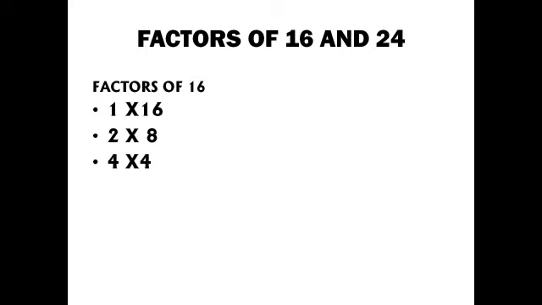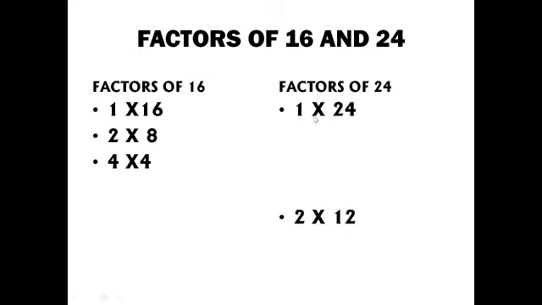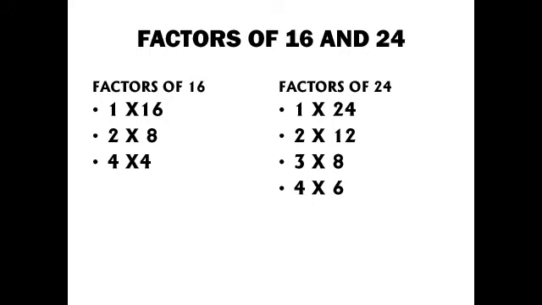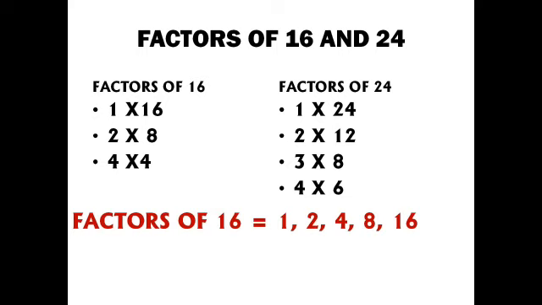Is there any other pair possible? No. Next we will see factor pairs of 24. Our first pair is 1 24s are 24, 2 12s are 24, and 3 8s are 24, and 4 6s are 24.